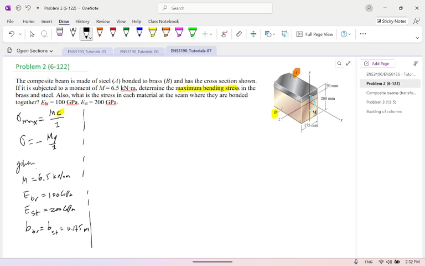Now I use another way: I transform from high stiffness to low stiffness material. This time I will use high stiffness to low stiffness.